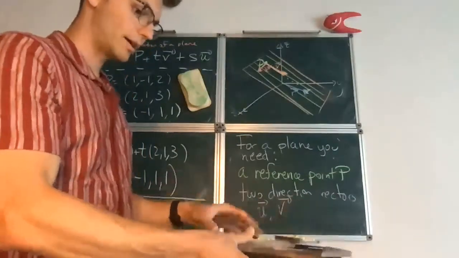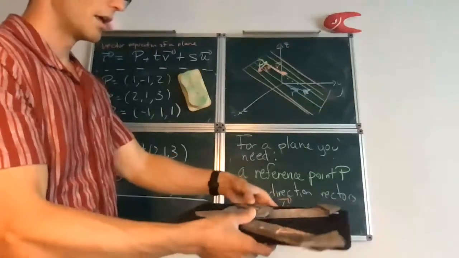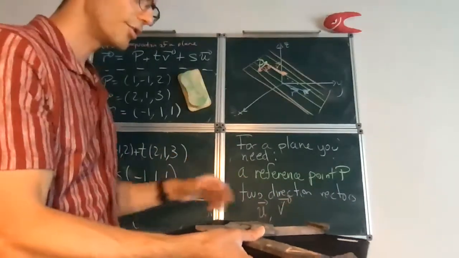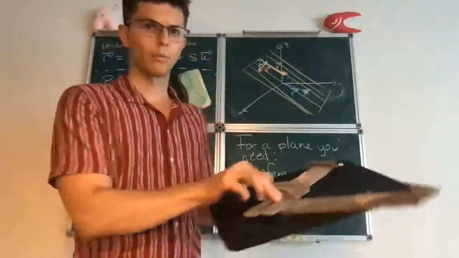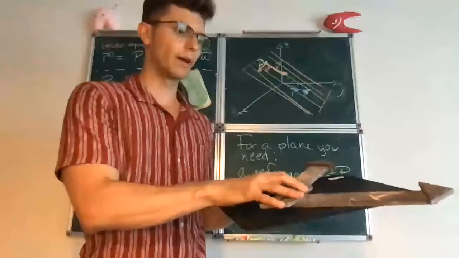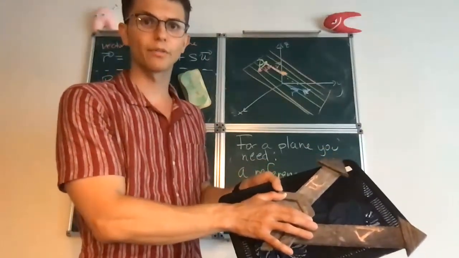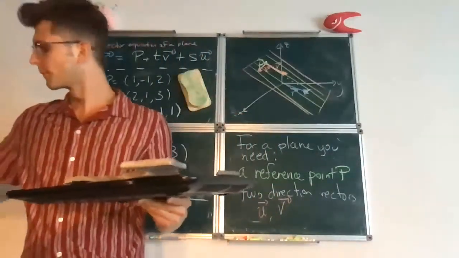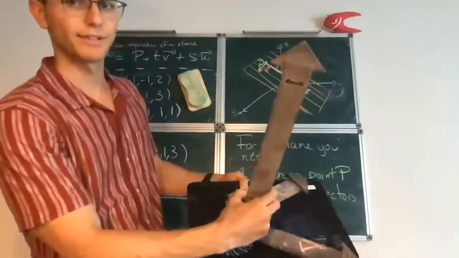But now, instead of knowing these two vectors per se, you just need the information about a third vector, one that you can create out of these two, which is what's known as the normal vector to the plane, a vector that's perpendicular to the plane, the one that you see here.